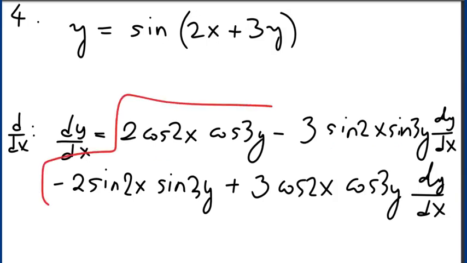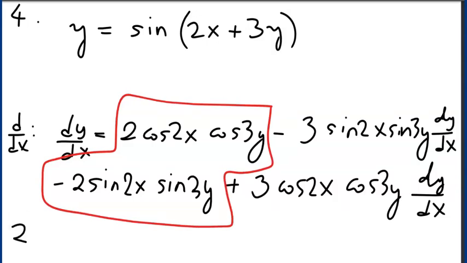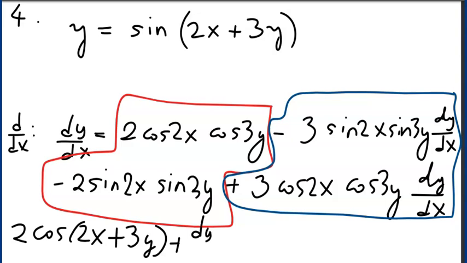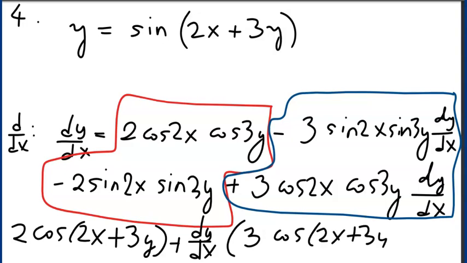We can combine these 2 terms to be 2 cosine of (2x plus 3y), and factoring out dy/dx from these 2 terms, and again using trigonometry identity, we will get dy/dx times 3 cosine of (2x plus 3y).